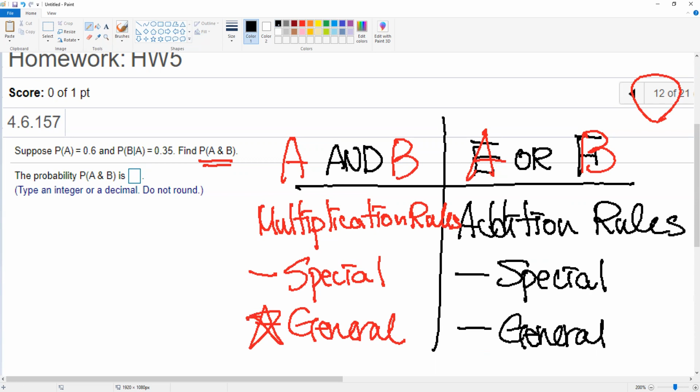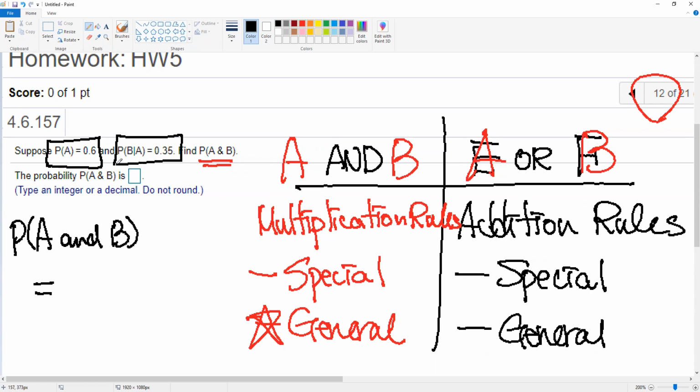So if I need the probability A and B, simply we take the multiplication, the probability of A times the conditional probability of B given A. And the event over here must be given in the second probability.